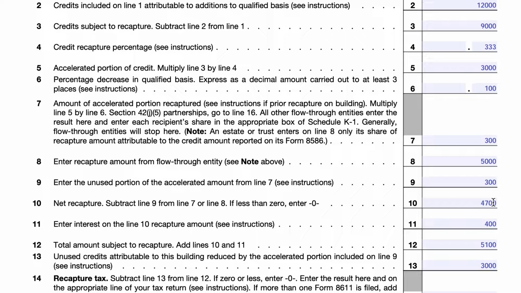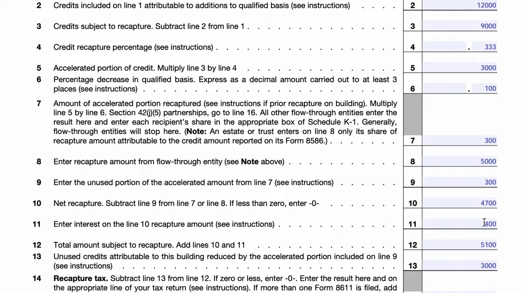So you calculate the interest, you compound it on a daily basis, and you take it from the original due date of the tax return all the way up until either the due date of the tax return that you are reporting the recapture event in, or if you filed earlier, the date that you filed your income tax that year and paid the income tax. So that's how long the total interest is accruing, and then you have to do that for each year that you took a tax credit.